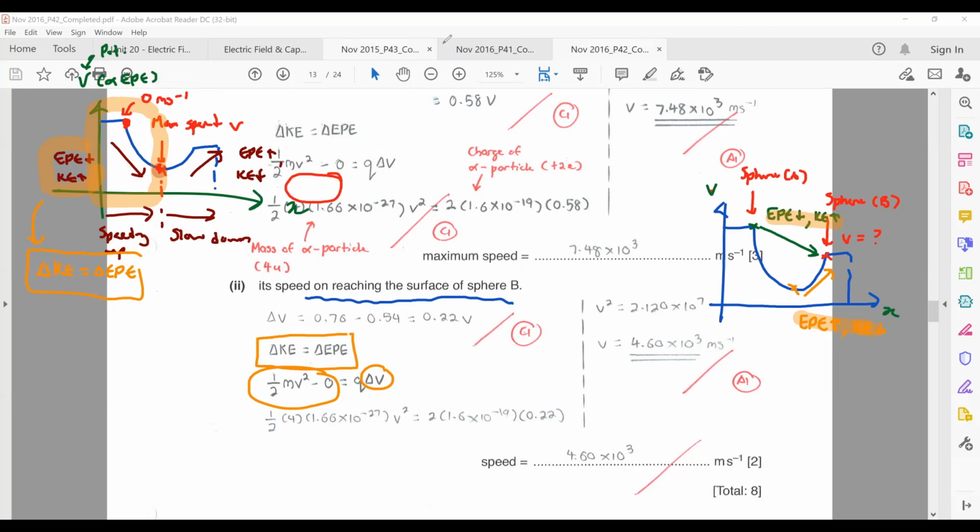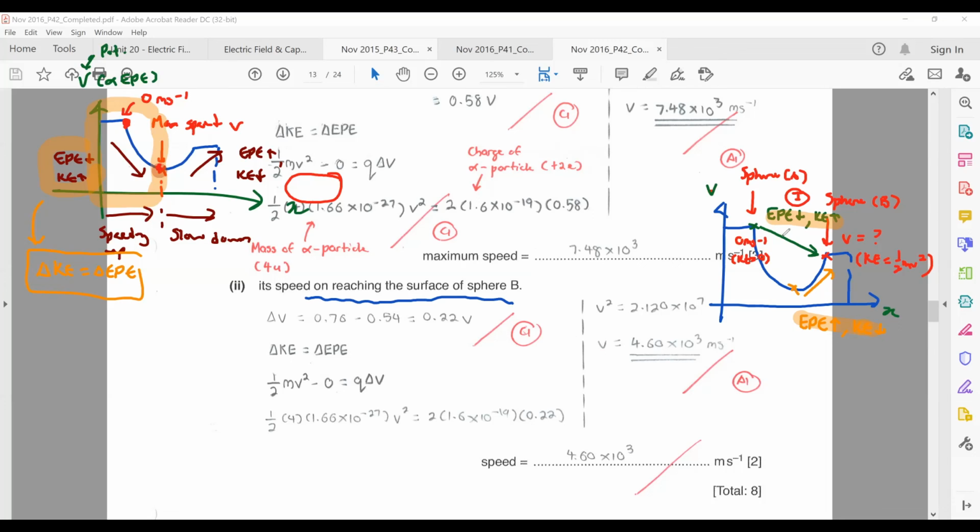Now, if I look at this working here, change in KE equals change in EPE. This one is based on this one. This is the first method. Here I know it's 0 meter per second, so my KE is 0. Here is V, unknown value of V, so my KE here is half mv square. So in my case, I will consider this one and this one.